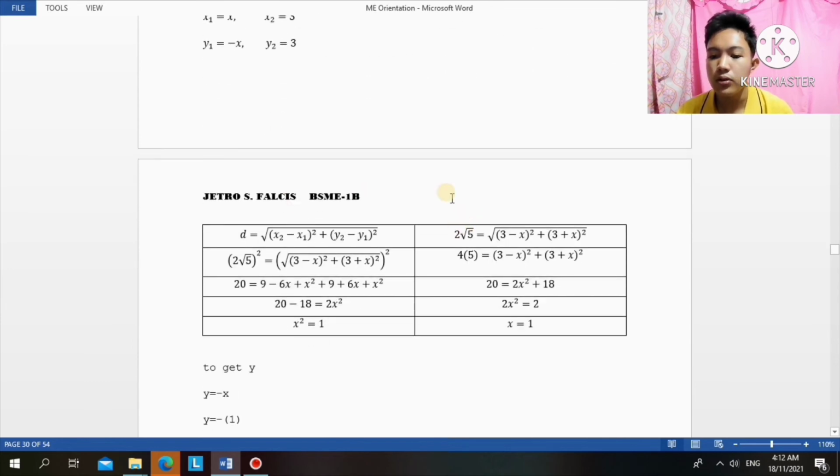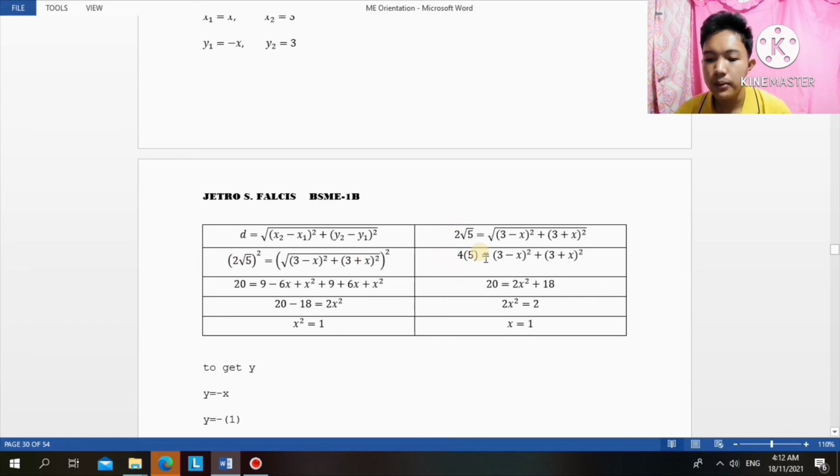So substitute the values into the distance formula. Our equation will be square root of 5 is equal to the square root of (3 minus x) squared plus (3 plus x) squared. Square both sides to cancel out the radical sign.